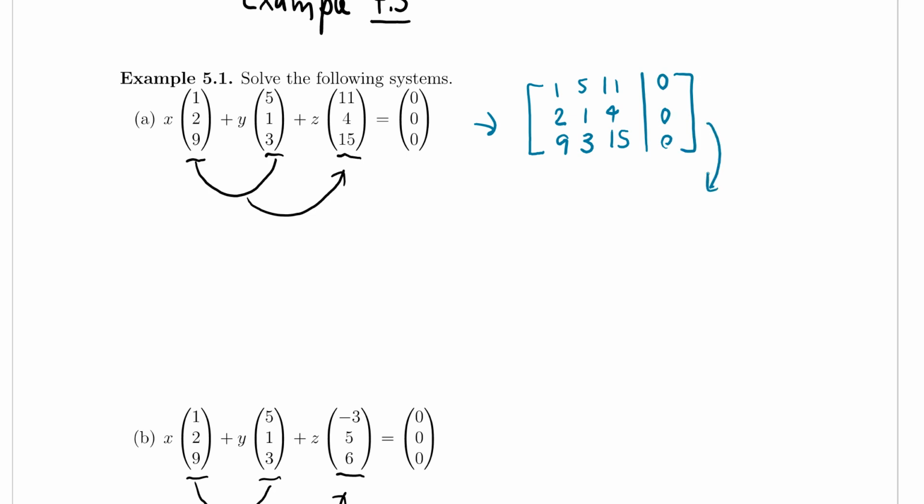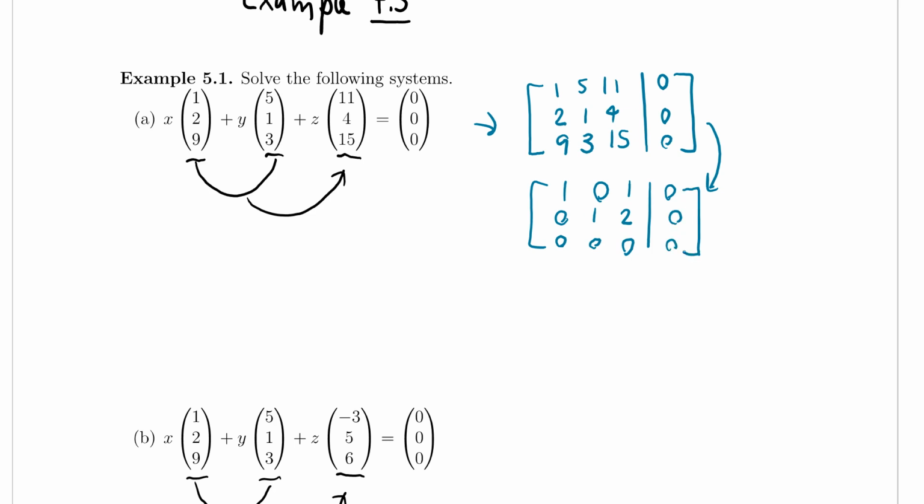Then I will reduce this, and the reduced row echelon form is going to be 1, 0, 1, 0, and then 0, 1, 2, 0, and then 0, 0, 0, 0.